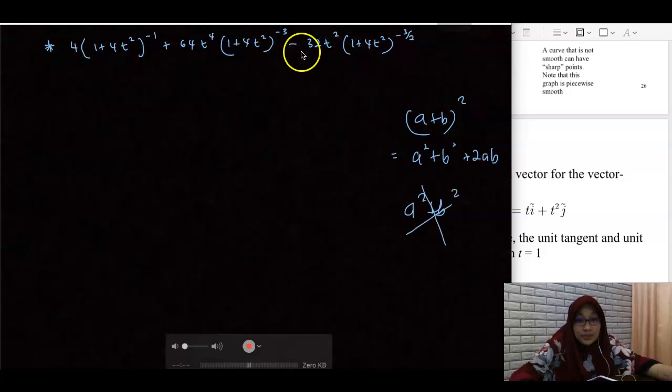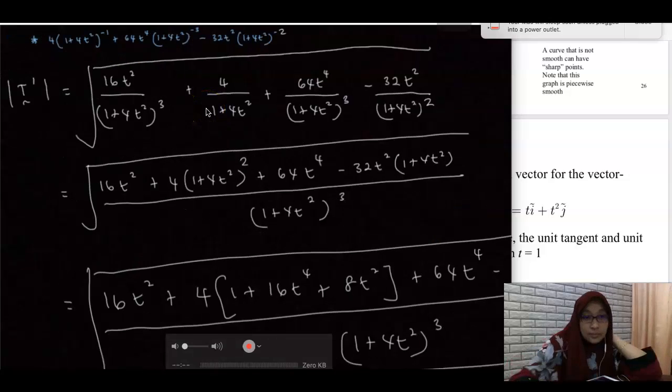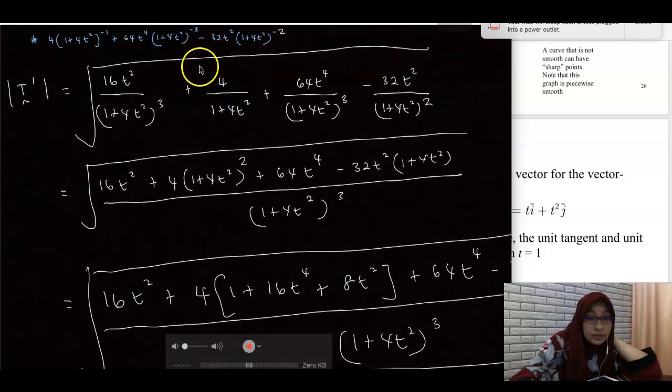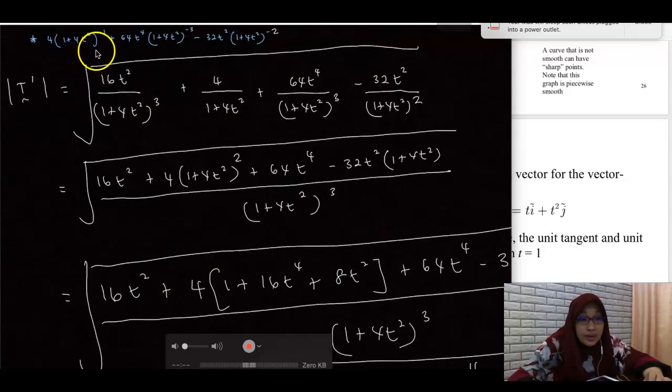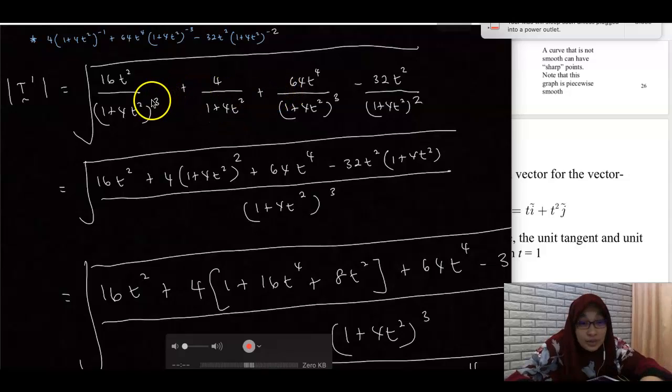Now, after I put this back into the magnitude of T prime, I rewrite into a fraction form instead of the negative power.